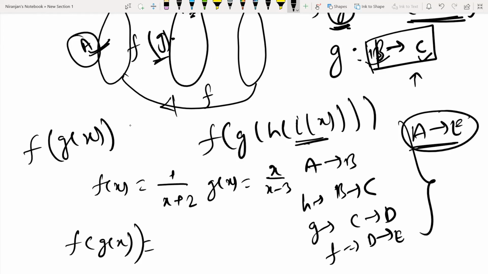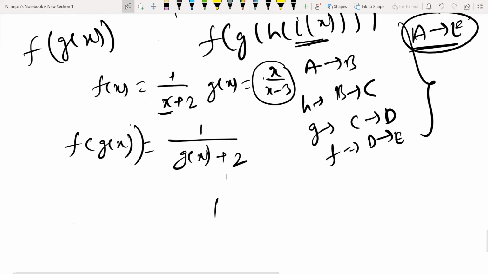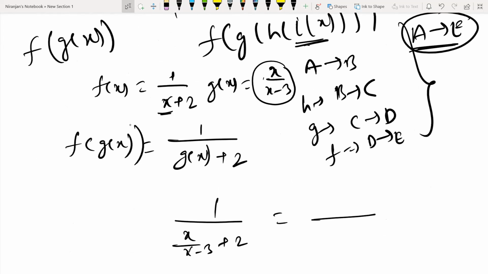You just plug the whole g of x in at the x position, so you write g of x plus 2, and then you substitute g of x with the given value x upon x minus 3. Then you calculate. Whatever you get, I guess, is 2x, 3x minus 6 upon x minus 3, if I'm not wrong. That's what you're getting, guys?